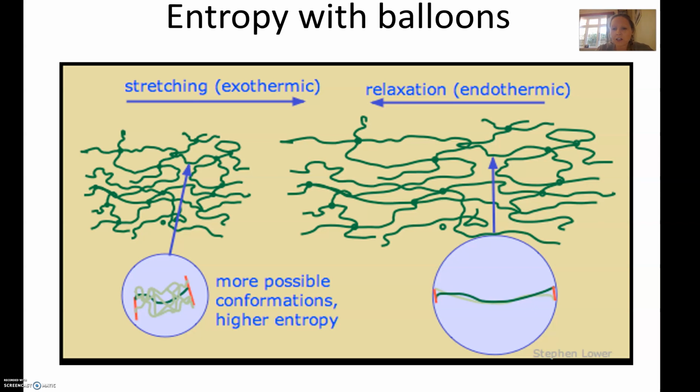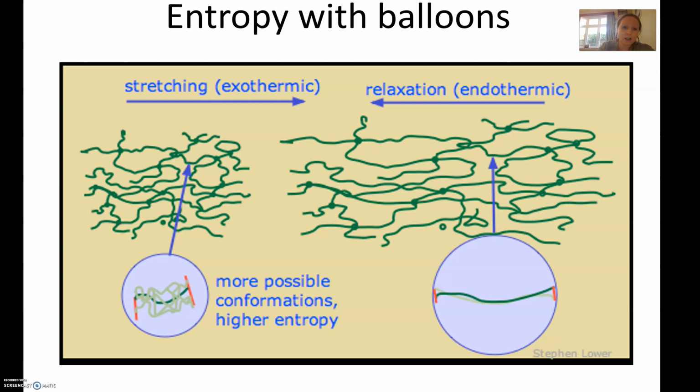So how can it be possible that the contracting of the balloon, which is endothermic, is the spontaneous reaction? It has to be to do with the entropy. So what is going on in the entropy of it?